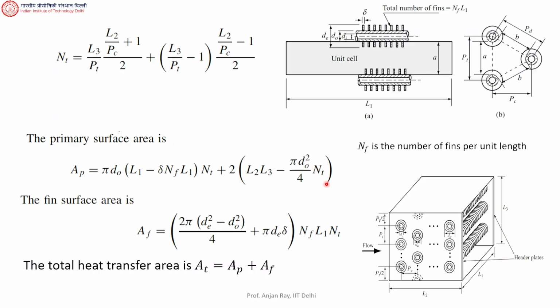It's the surface area of the faces, right? So the flow going like this, apart from the tubes and the fins, is also going to see the inside surfaces of this box, correct? And that inside surface is L2, L3, correct? If you are not clear, let me tell you what I am trying to talk about.